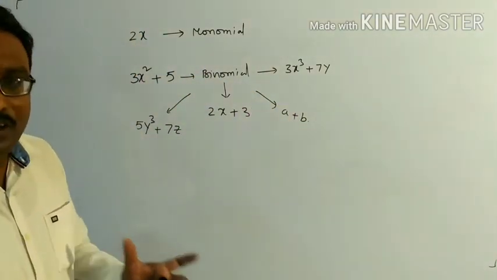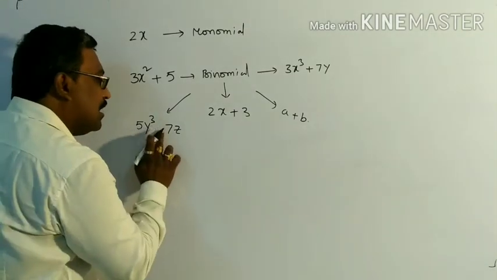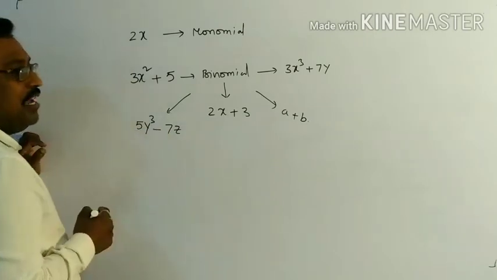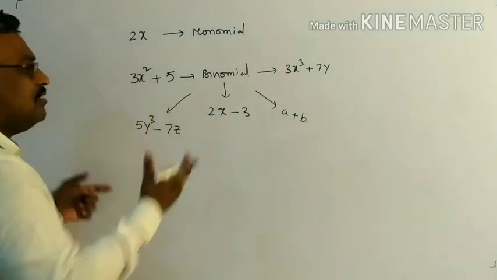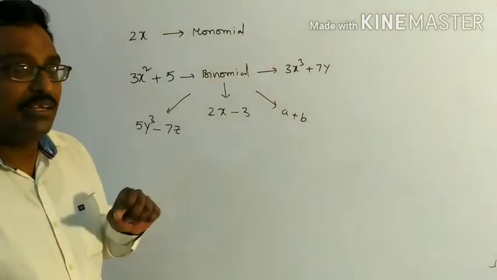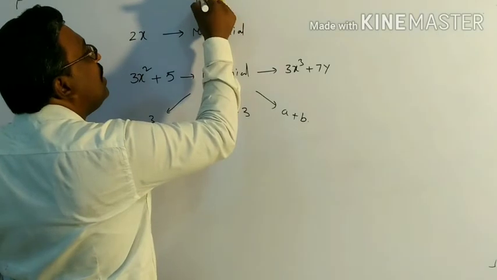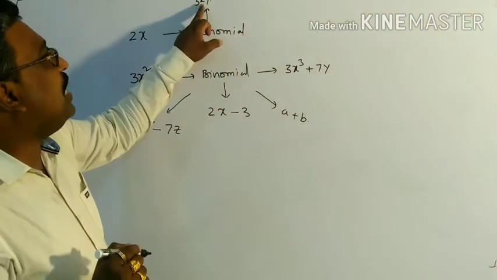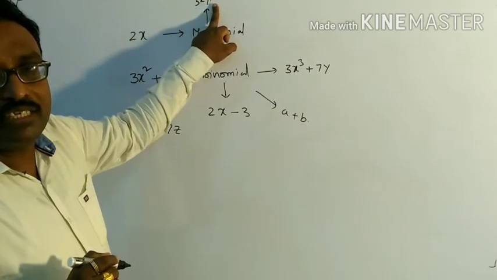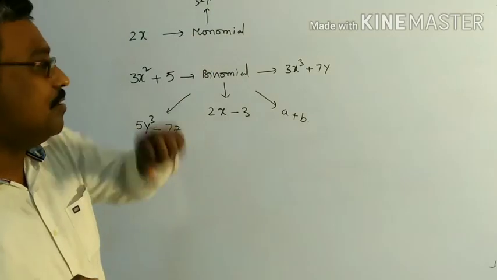The thing is, binomial means two terms. Not only plus, you can use minus also. 5y cubed minus 7z, 2x minus 3, like that. Either plus or minus. Whereas monomial, 3xy, it's a monomial because in between x and y, multiplication is going on. 3 into x into y, it's a single term.